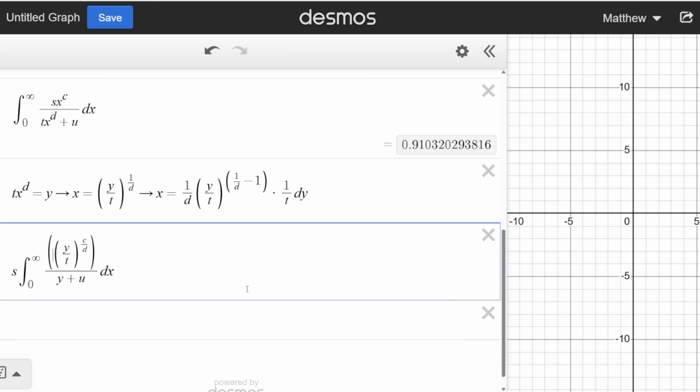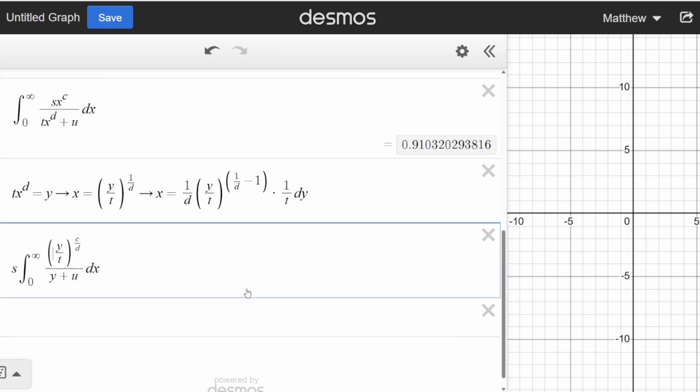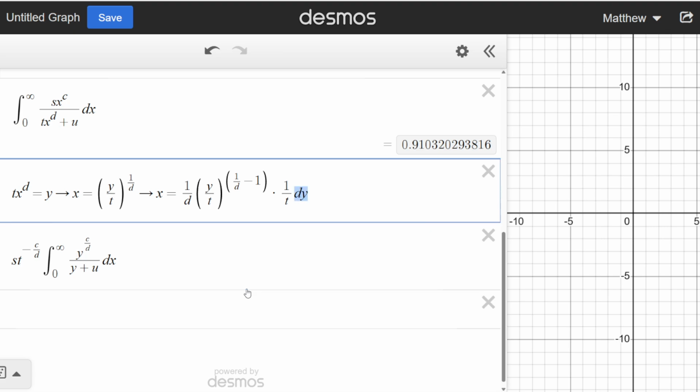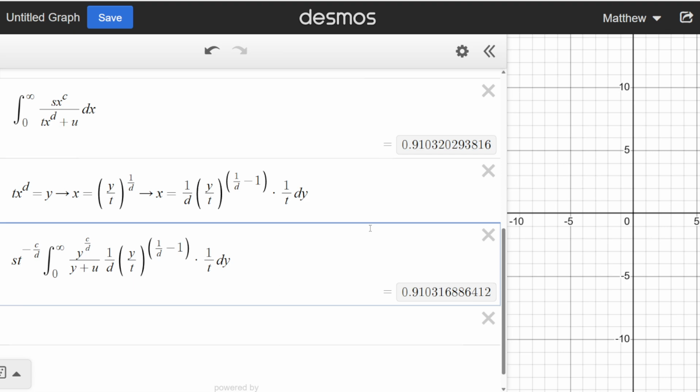Let's get rid of these parentheses, and then you can see we could bring out a t to the negative c over d. That will take care of this t right here. And then our dx is this. And you see we performed the substitution correctly.